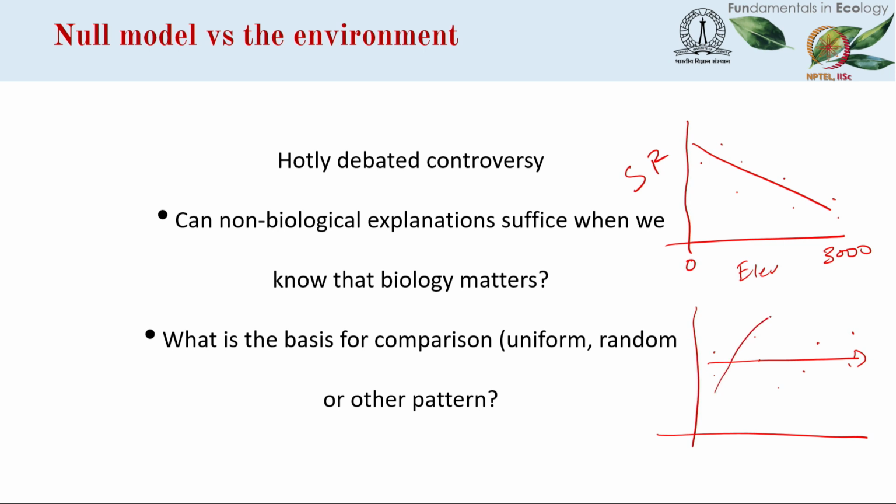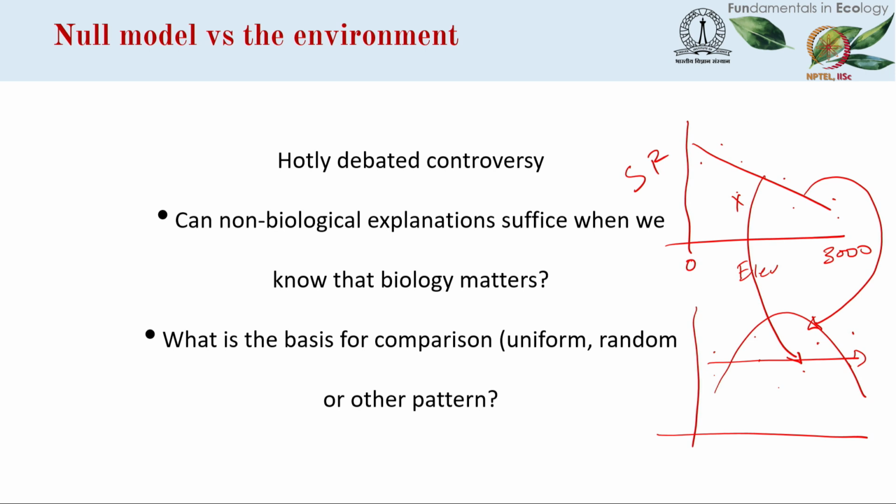My expectation itself would be this, and therefore I now have to explain this pattern that I see relative to this base distribution and not this base distribution. This was the argument that was being made by Robert Colwell and others.